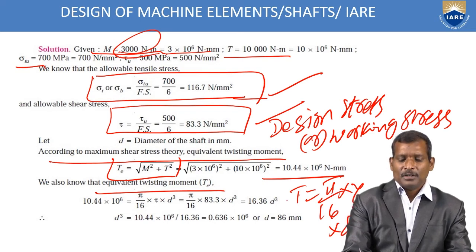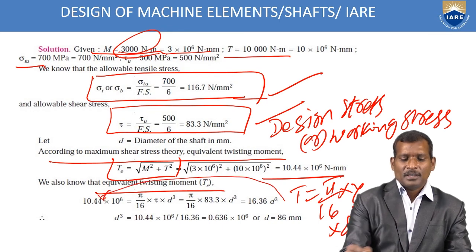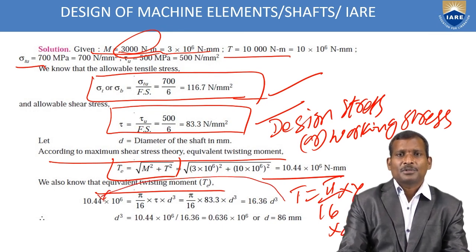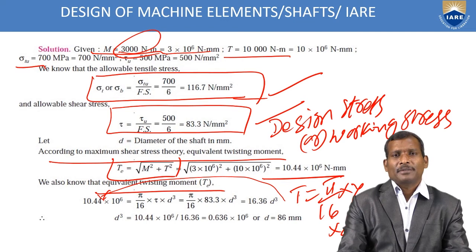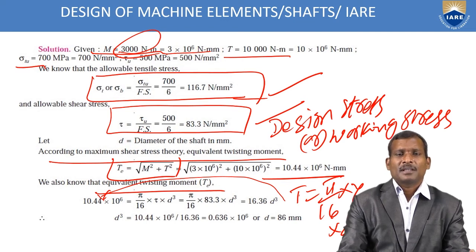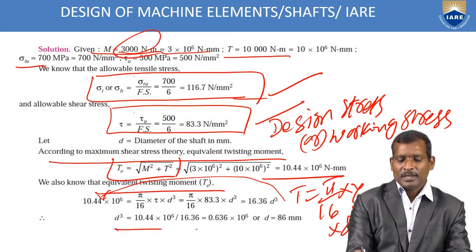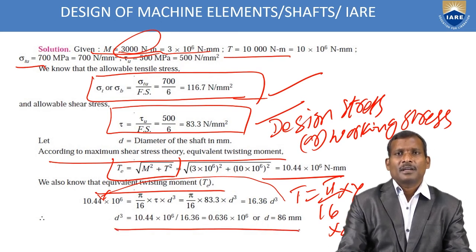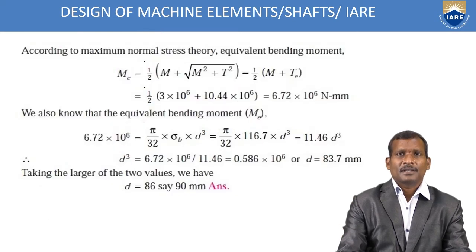In place of the torque, you should substitute the equivalent twisting moment. Why? Because here two loads are acting, twisting moment and bending moment. So finally you will get the diameter of the shaft, that is 86 mm, according to the maximum shear stress theory.